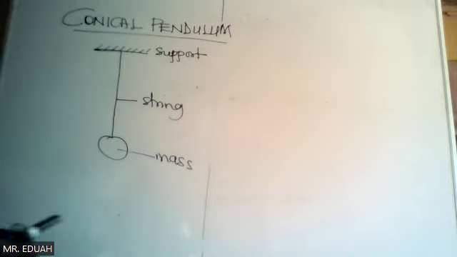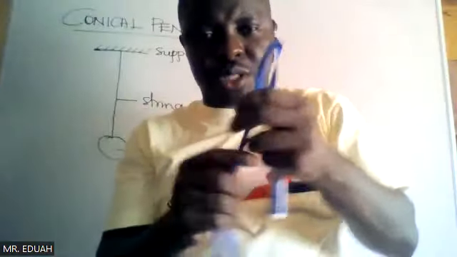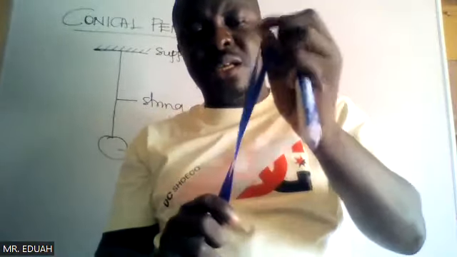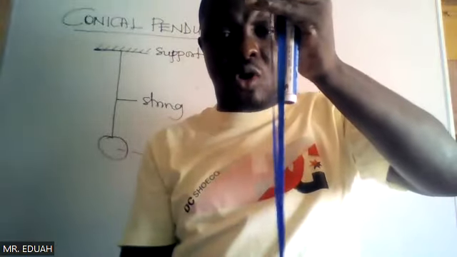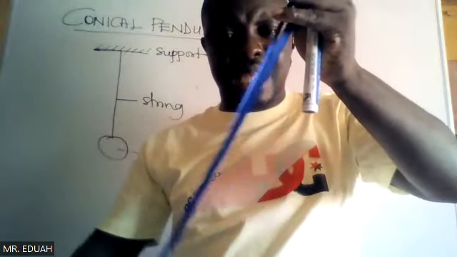In a conical pendulum, we have a simple pendulum like this, but the motion of this is made to oscillate in a different way. This is the support where my hand is. Now, in causing the pendulum to oscillate, we give it a small angular displacement, theta.